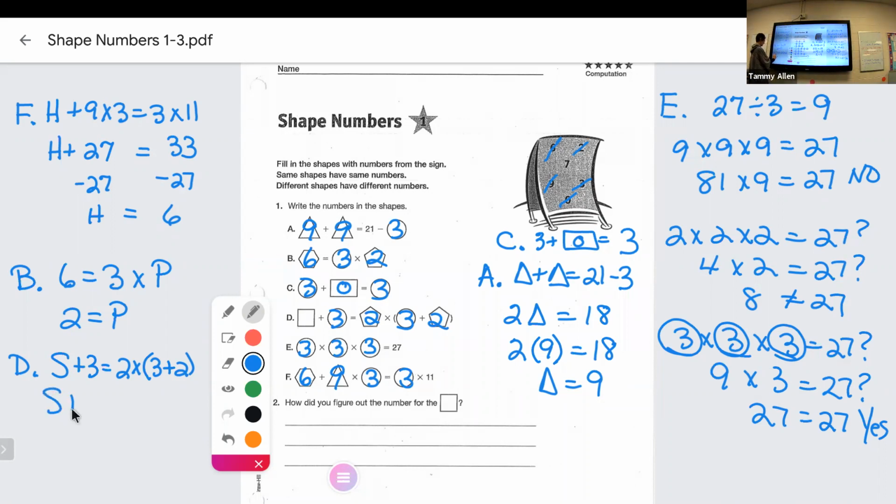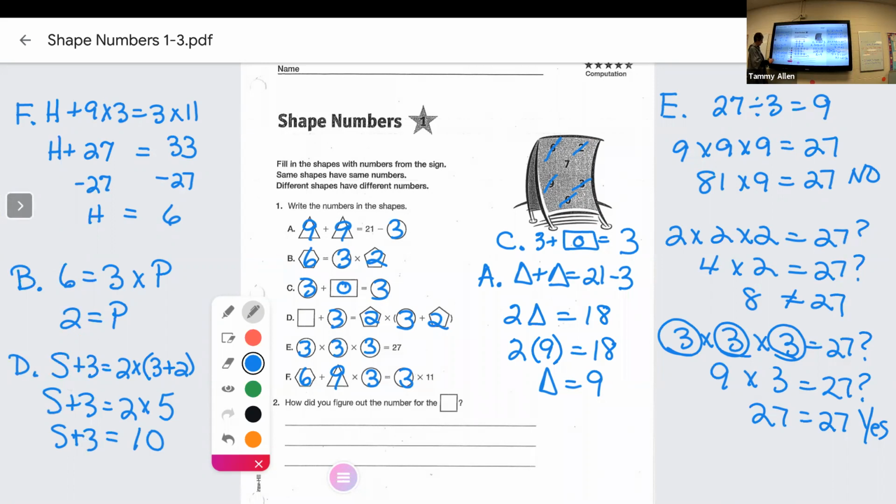The square plus 3 equals 2 multiplied by 5. What's 2 times 5? The square plus 3 equals 10.